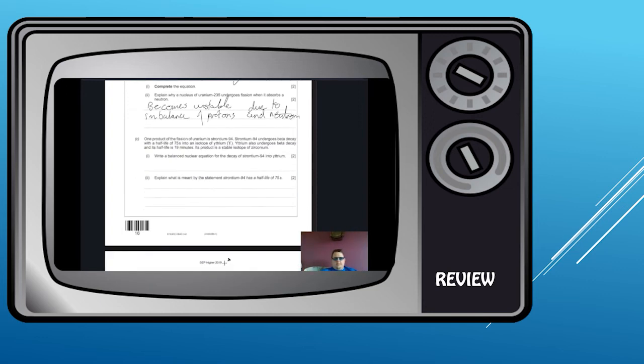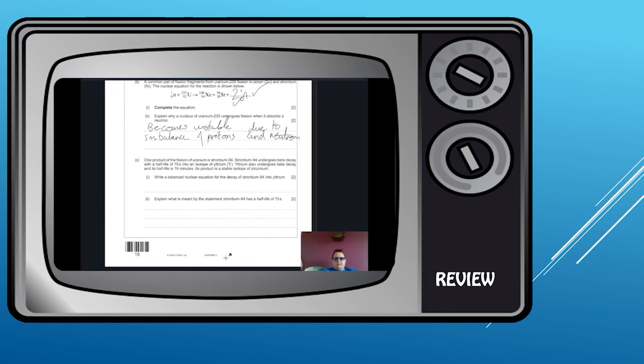Okay, one product of fission of uranium is strontium-94. Strontium-94 undergoes beta decay with a half-life of 75 seconds into an isotope of yttrium. Yttrium also undergoes beta decay, half-life of 19 minutes, produces a stable isotope of zirconium. Write a balanced nuclear equation for the decay of strontium-94 into yttrium.